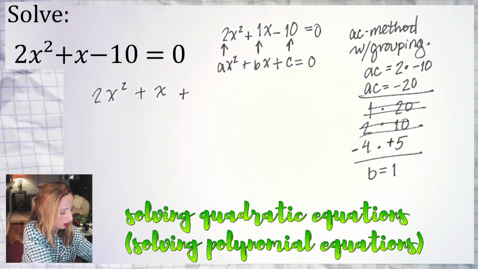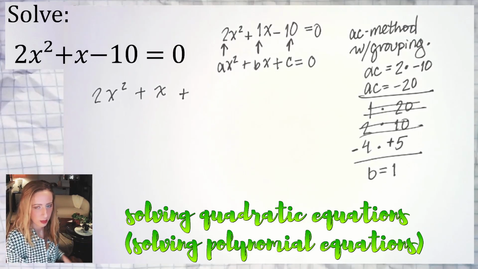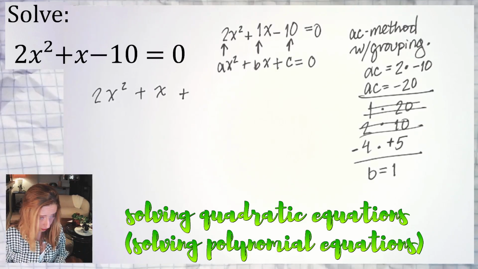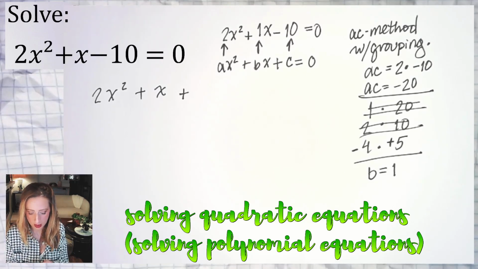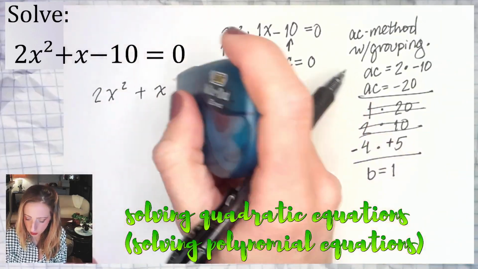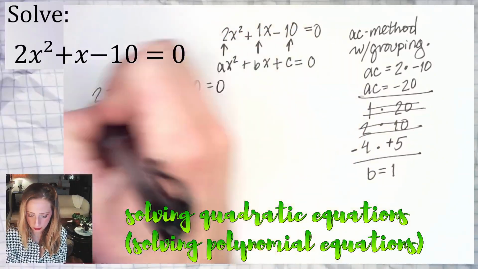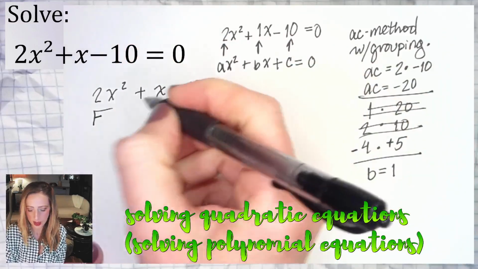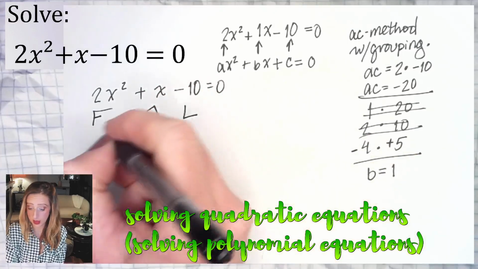So this is where you have 2x squared, which is your first times first, and negative 10 is really my last times last from the FOIL method, if you are hopefully familiar. So this came from first times first. This is the last times the last. I don't have the outer and the inner. I have a middle term. So this is what we have.